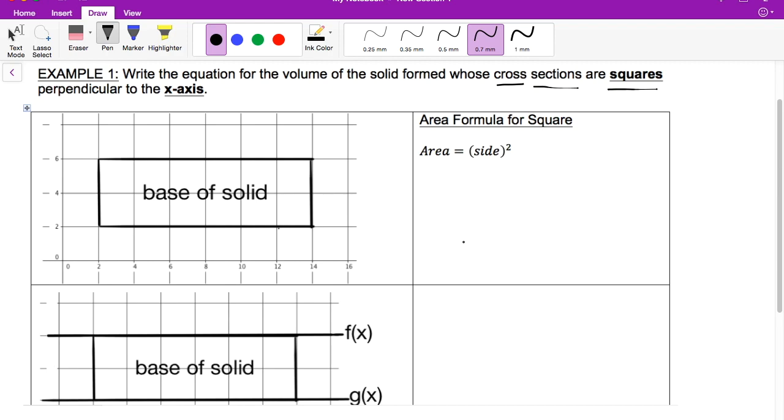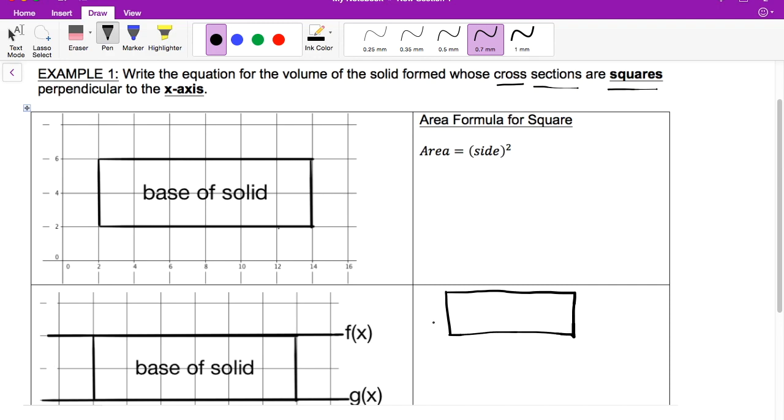So I'm going to try to draw this solid just so you have a visual of what it may look like, and it'll help motivate the math here. The solid here is going to be a rectangular prism, because the base here is a rectangle and the cross sections are squares. So this is sort of what it looks like.